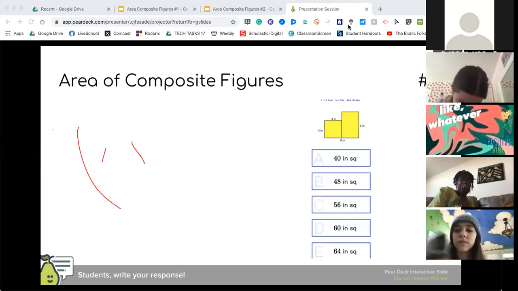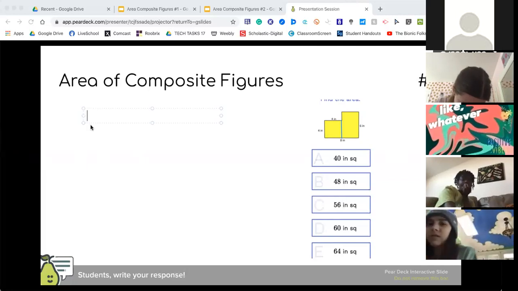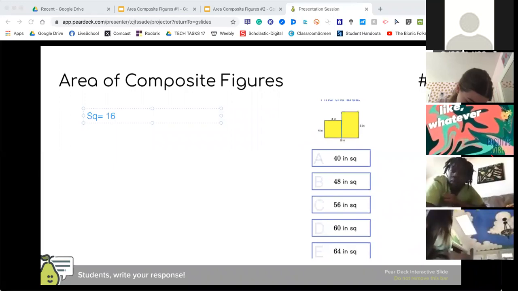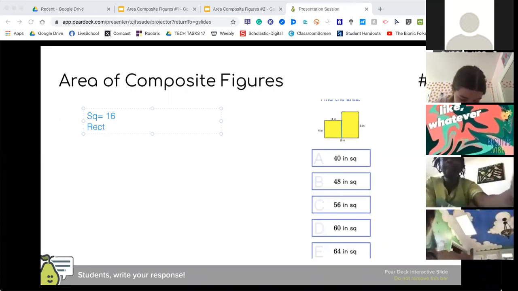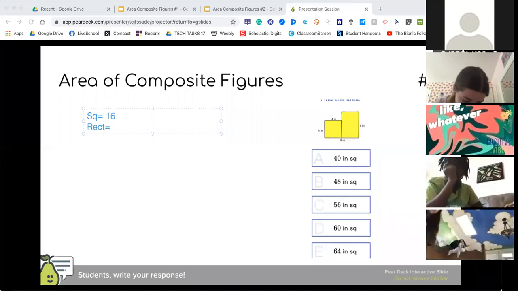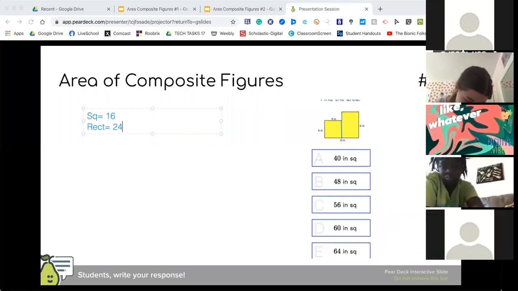The square is 4 by 4, 16. Agree? The rectangle is 6 times 4, 24. Add those together, and 24 plus 16 equals 40. So you get A again. So the correct answer was A.